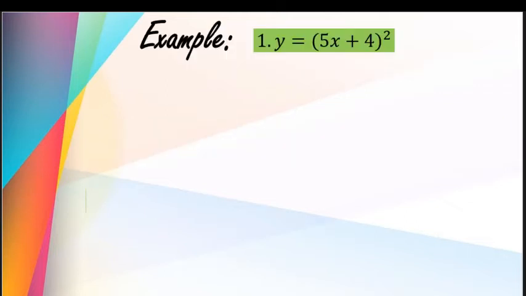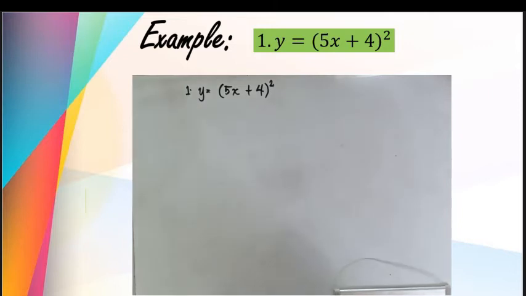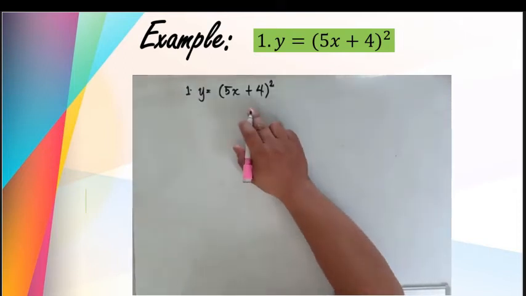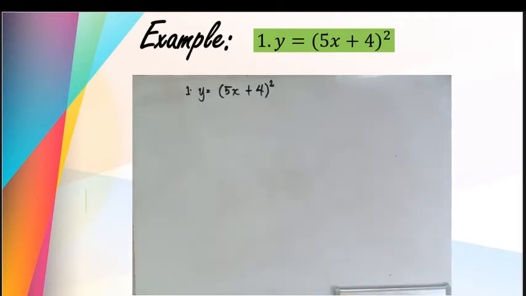For example number 1, we have y is equal to the quantity of 5x plus 4 to the second power. In our previous topic, the derivative of this function can be solved using the product rule.